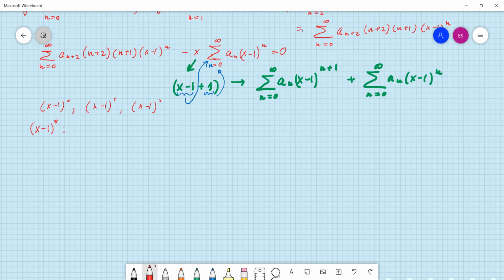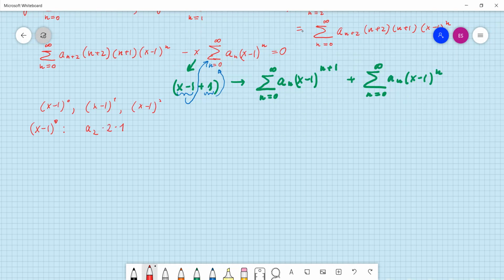So what is the coefficient of x minus 1 to the power of 0? Well, here if we plug in n equals 0, we are going to have a2 times 2 times 1. Are we going to have anything from this one? If we plug in n equals 0 here, we are going to have the power 1, so this sigma is not going to produce anything here.